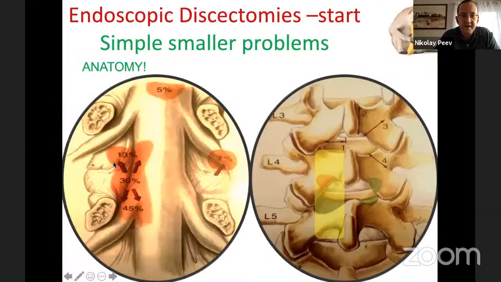This is about 1/3 of the disc herniations you will find behind the shoulder of the traversing nerve root. And then you can also have disc herniations which are migrated downwards. You can have disc herniations which are migrated upwards. And you can have the so-called far lateral disc herniations. But with this approach, you can access the majority of the disc herniations.